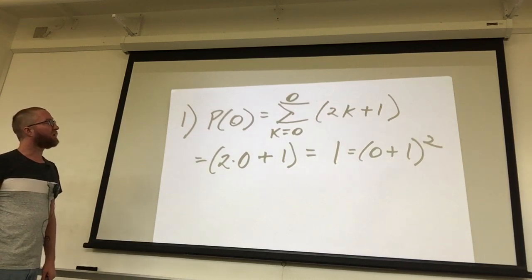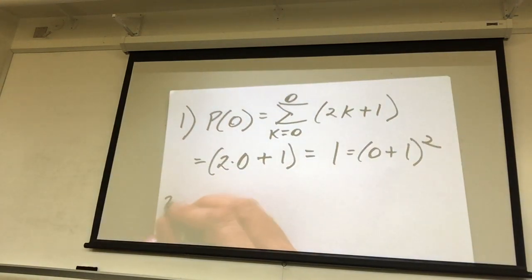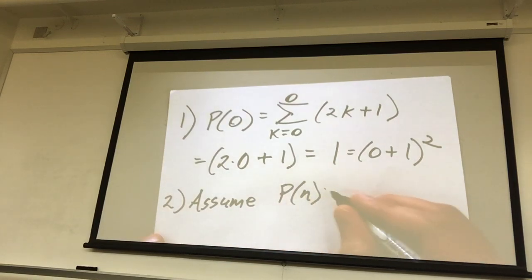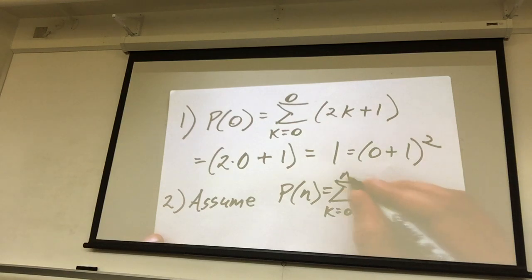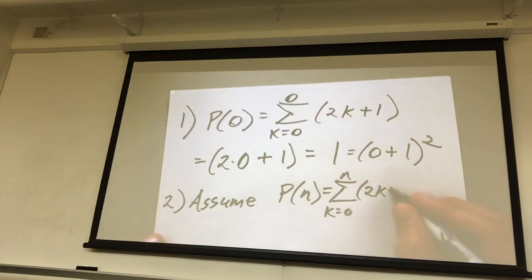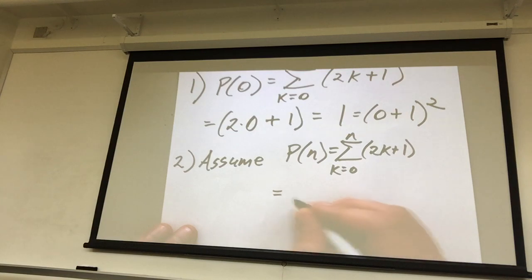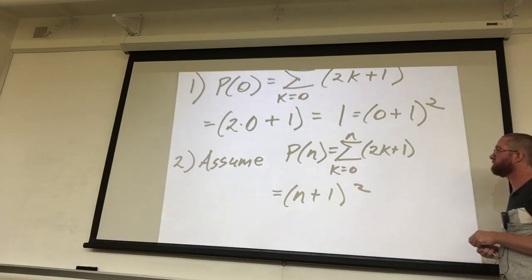Okay, now the second step is we are going to assume that P of n, which is going to equal the sum k equals 0 to n of 2k plus 1, is going to equal n plus 1 squared.